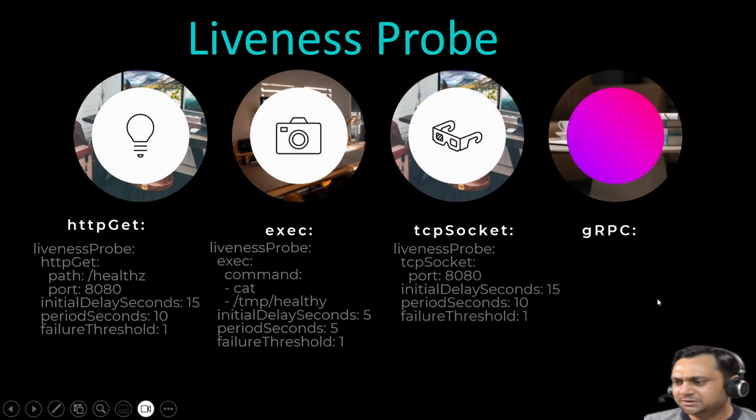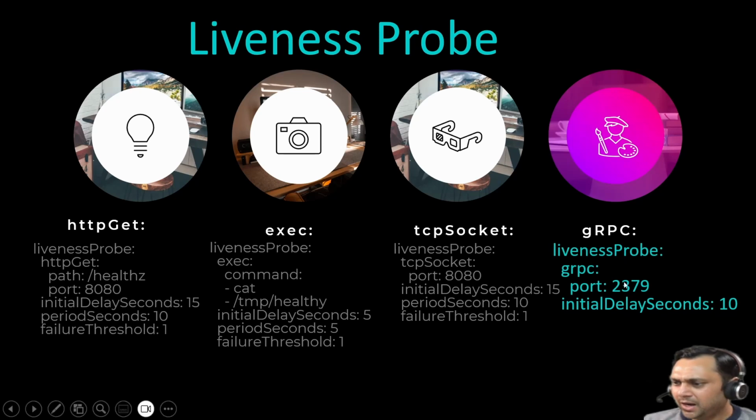And the last one is gRPC. And here we have configured the service on port number 2379. That's it. So it will send the request to port 2379. If this service is up and running, then it will consider it good. Otherwise, it will restart the container.